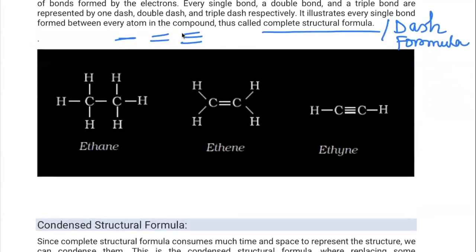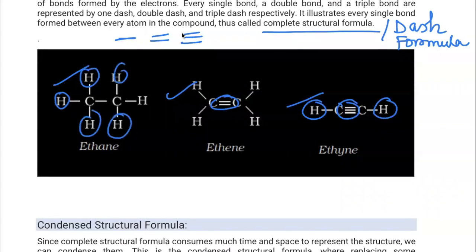See here, ethane, then ethene, then ethyne, how they are expressed. All the bonds are clear: carbon forms four bonds and hydrogen forms single bonds. Here is a double bond, here is a triple bond. This carbon is bonded with one hydrogen, this carbon with three hydrogens, then this carbon with three hydrogens, and they form bonds between them.